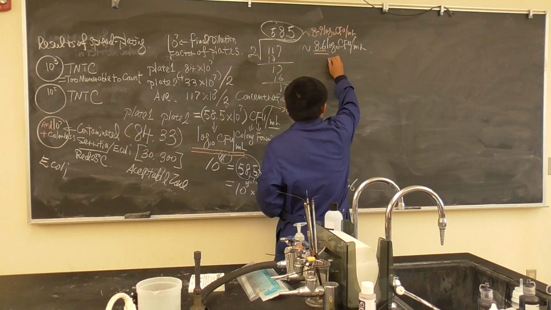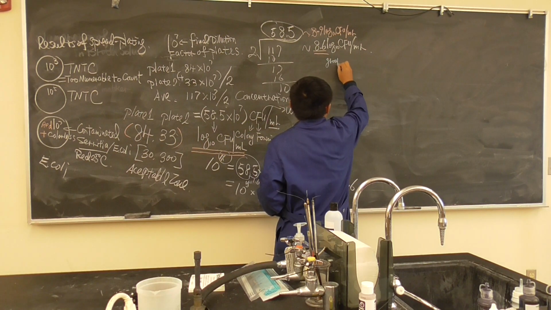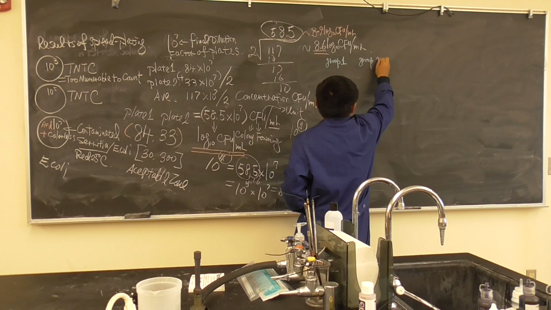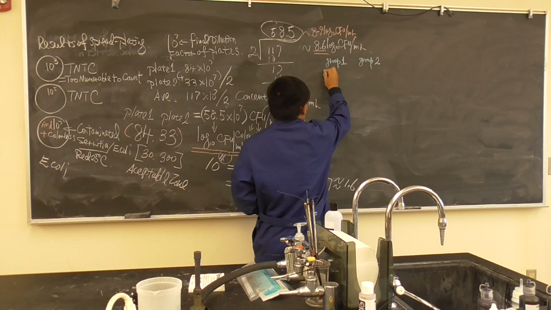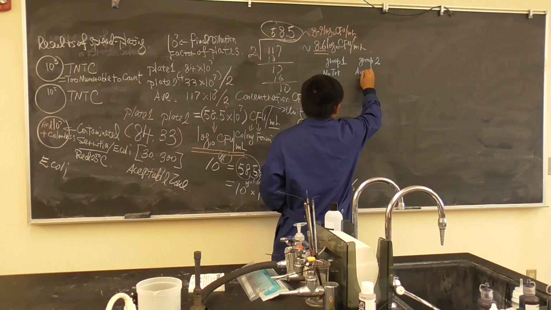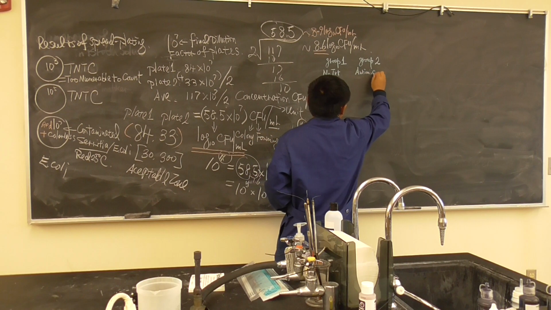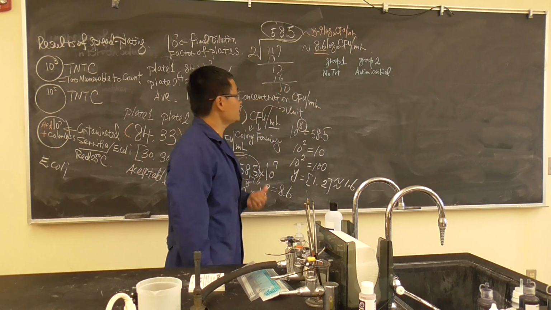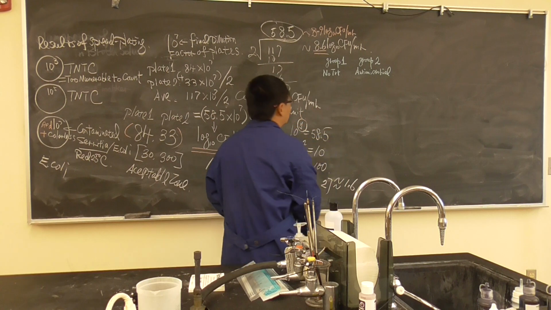Okay, let's say I have a group 1. I have another group 2. This group is no treatment. This group I have antimicrobial treatment, let's say. This is what we did a lot in the lab. Let me show you, we get some numbers.